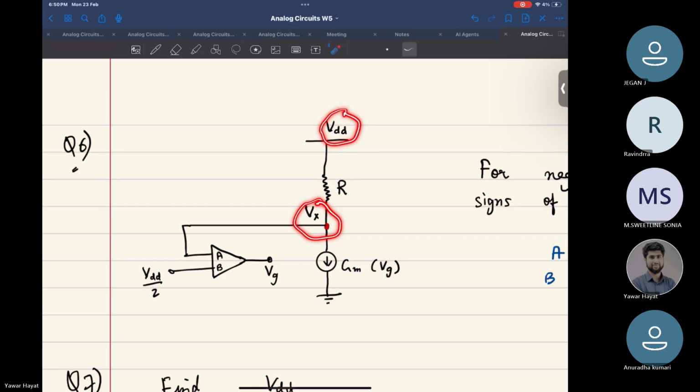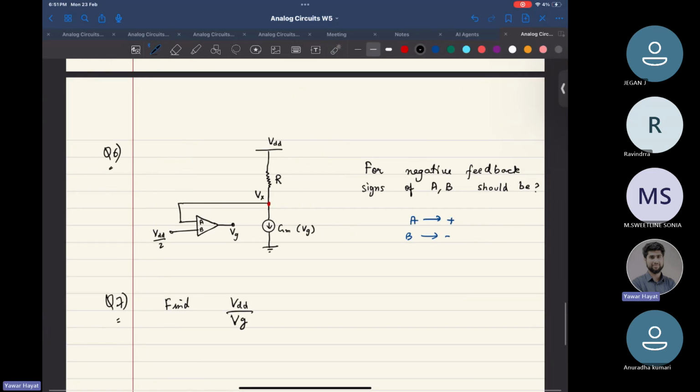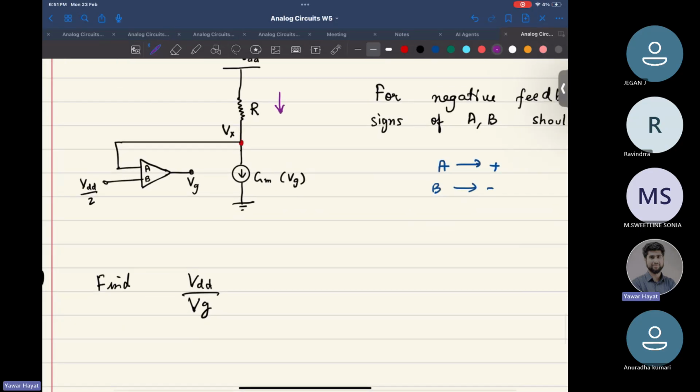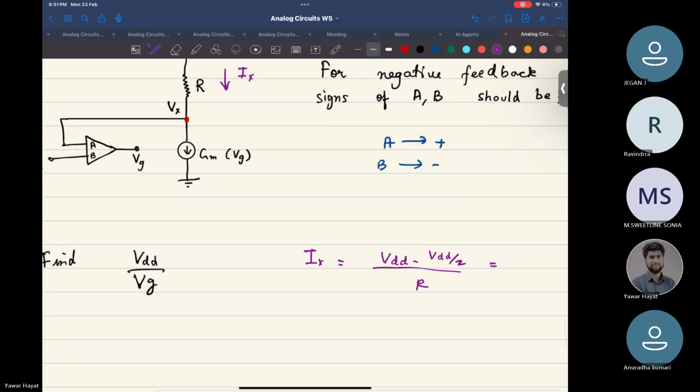So yeah, I can compute the current, right? How much is that? Well, the current flowing through this resistor is nothing but, suppose this is Ix, and I can write that this Ix is nothing but VDD minus VDD by 2, whole divided by R. But that is equal to what?